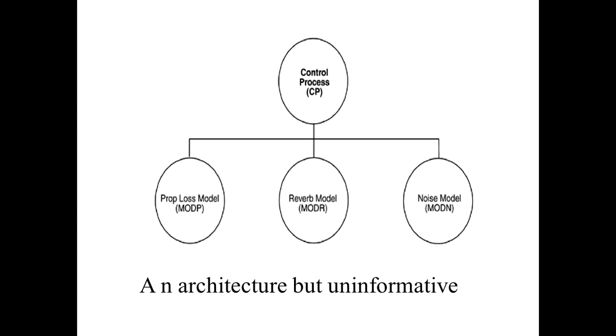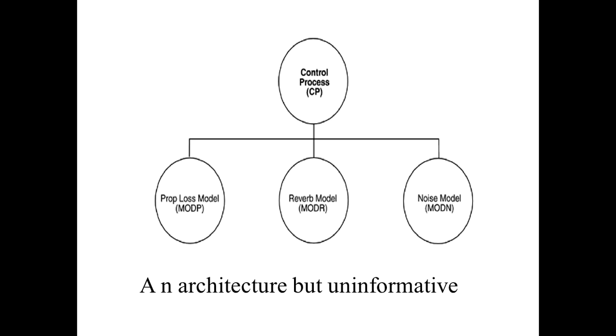In this flight aviation system we need to develop an architecture which consists of totally 4 components: control process, prop process model, reverb model, noise model. In the control process model, we are not under a complete definition state: what we need to control, what module needs to be controlled, how it needs to be processed, which is under a question mark state.